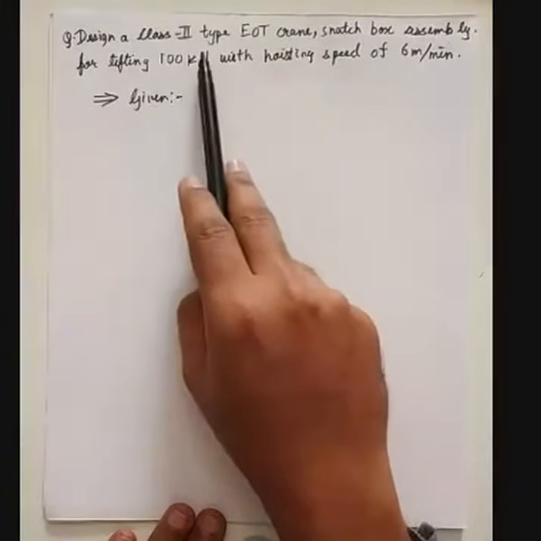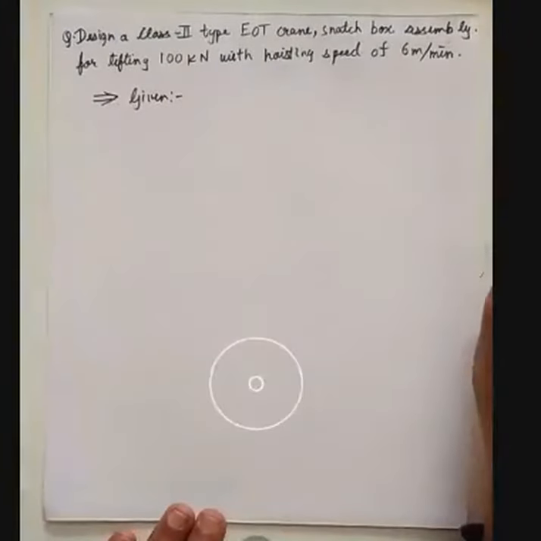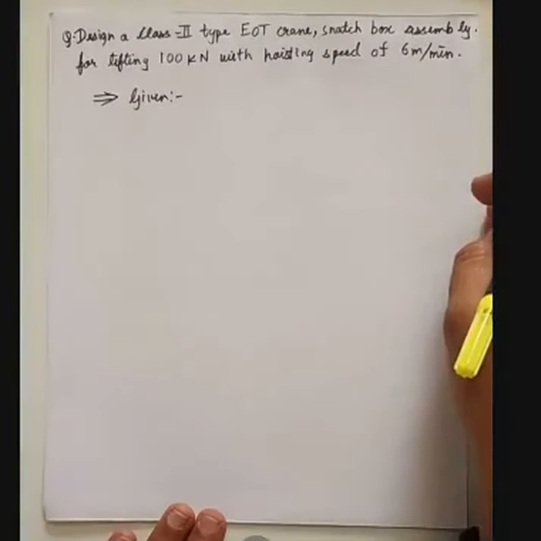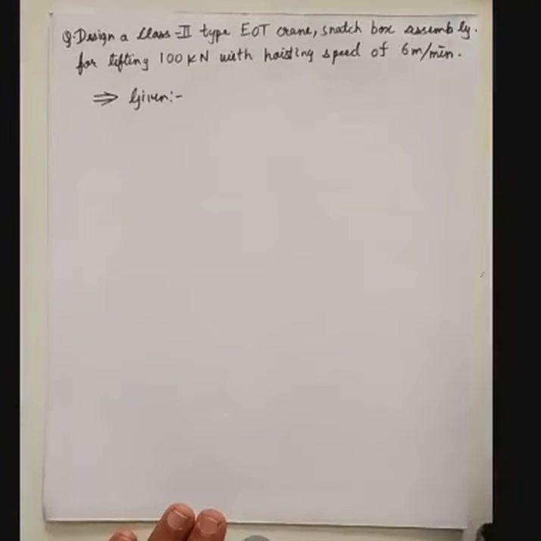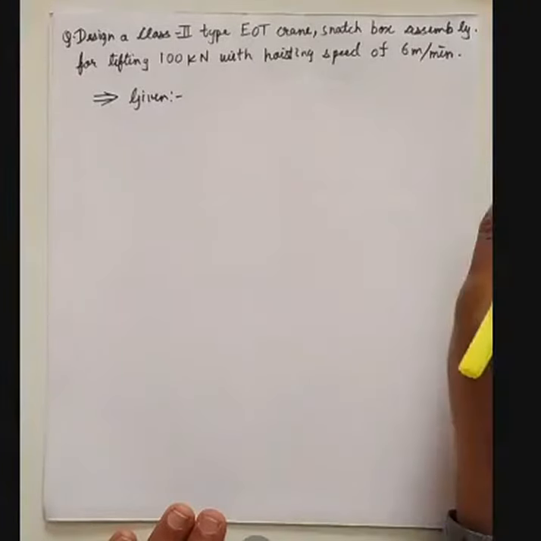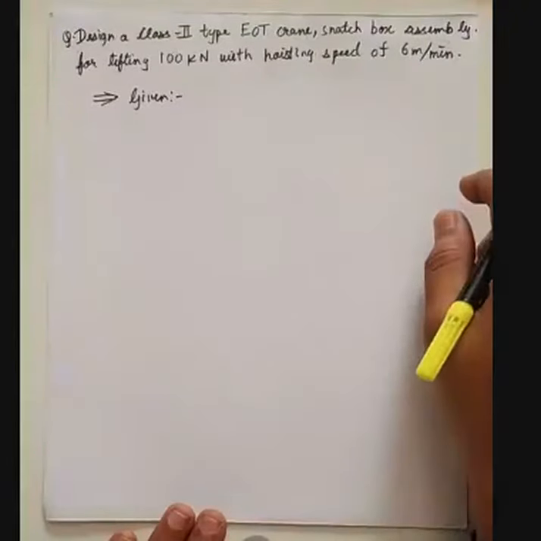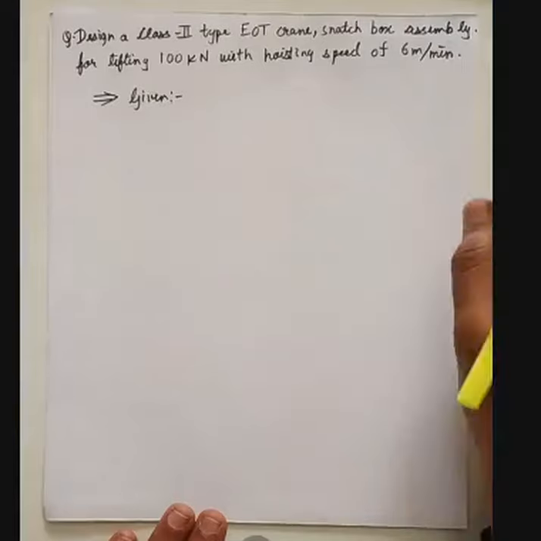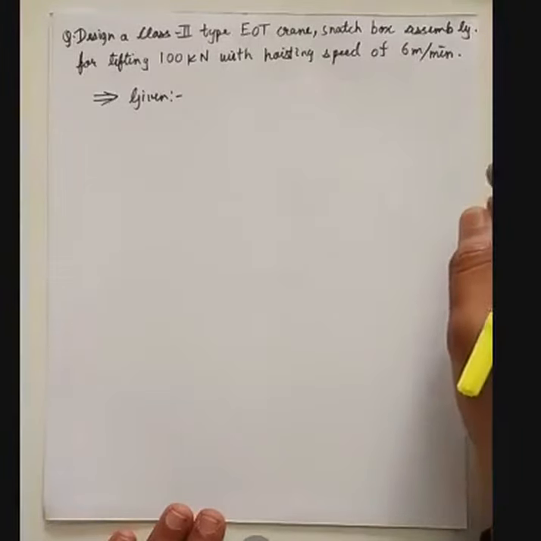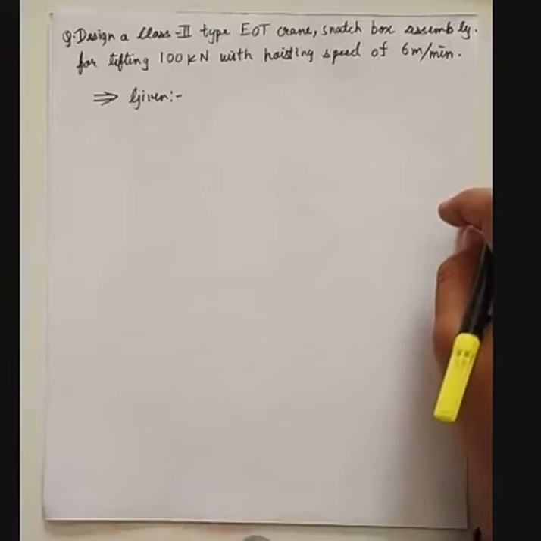Now see, what do you mean by class 2 type? Actually, if you see in PSG, there are 3 types of EOT snatch block assembly: class 1 type, class 2 type, class 3 type. When we refer to different types from the PSG, we can get a few values which we will be using in a few steps, assuming some data from PSG. Therefore, it is mentioned to use a class 2 type.